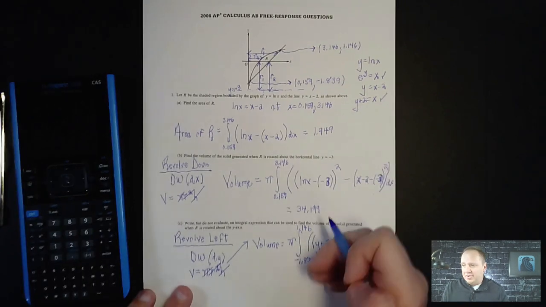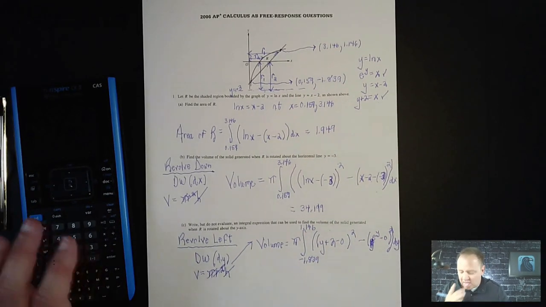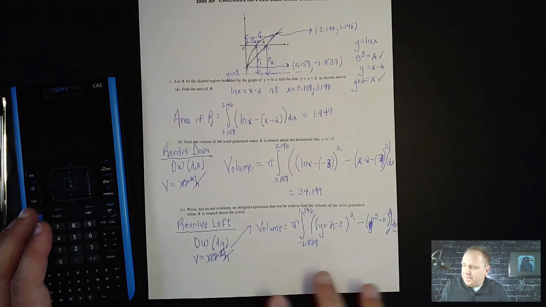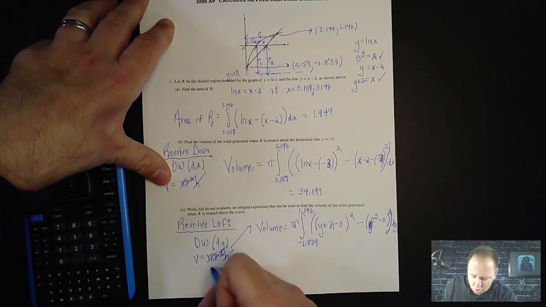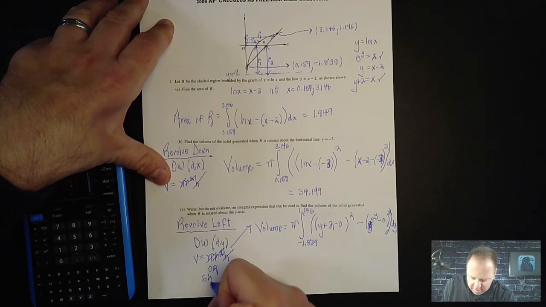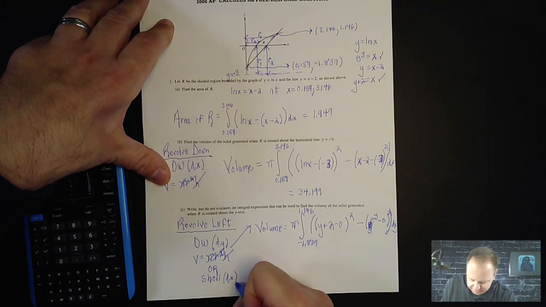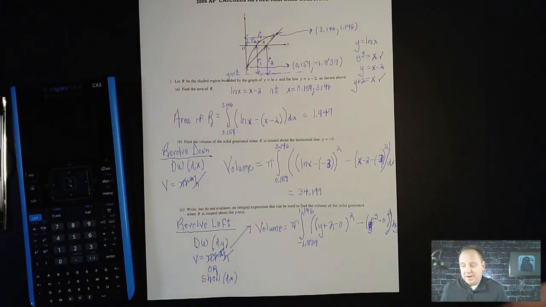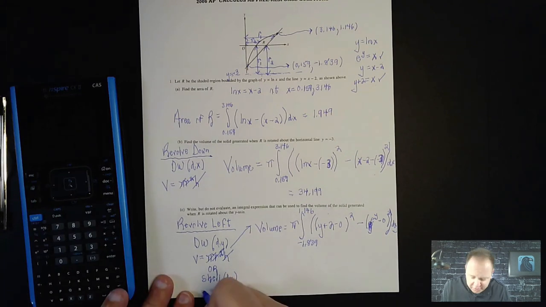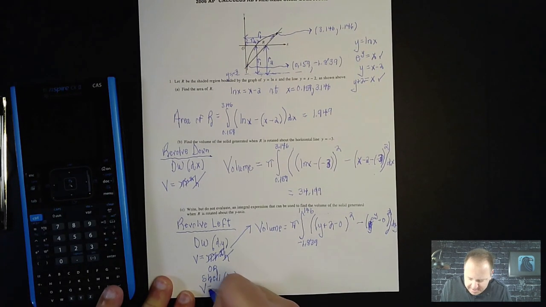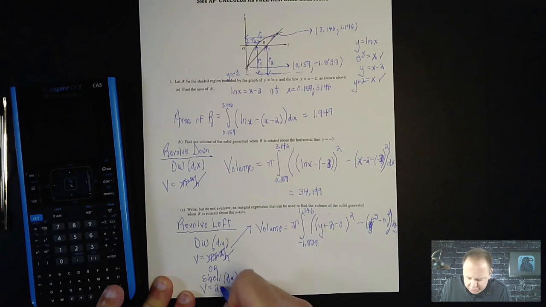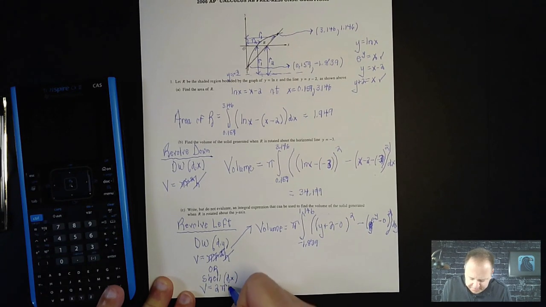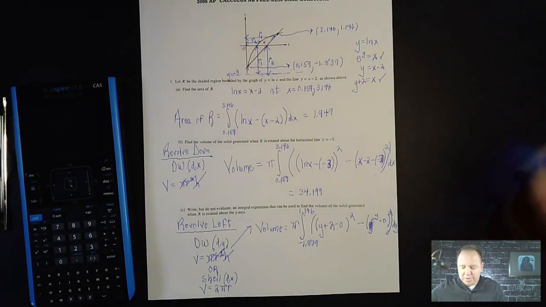Now here's the big one. Or you can accumulate all of the shells, the infinitely many shells, from left to right and keep it in terms of x. But if you're going to do the shell method, you're going to do 2 pi r, which is the perimeter of a circle.